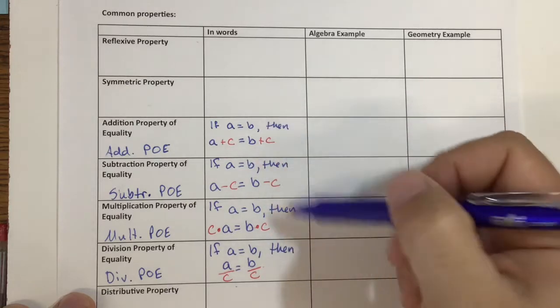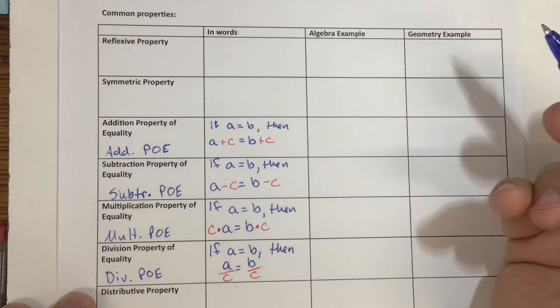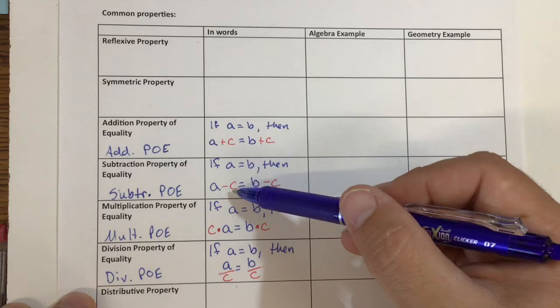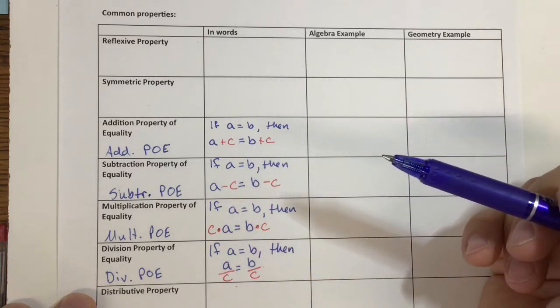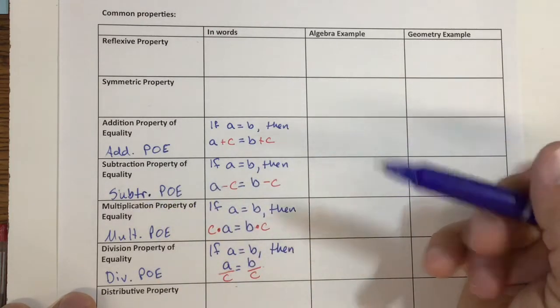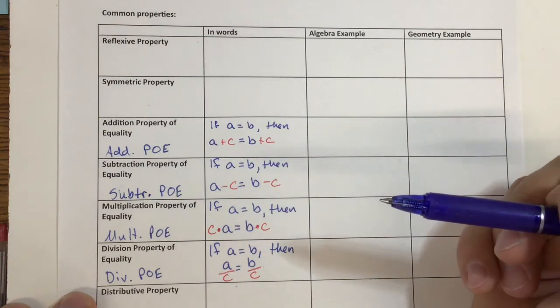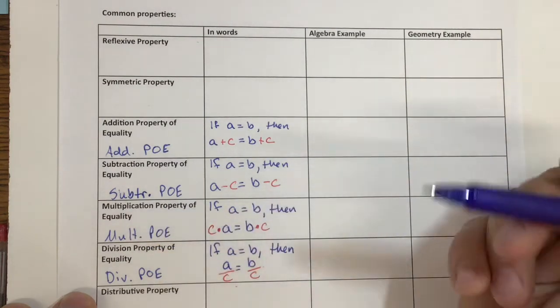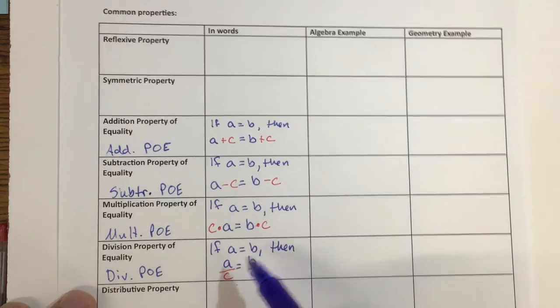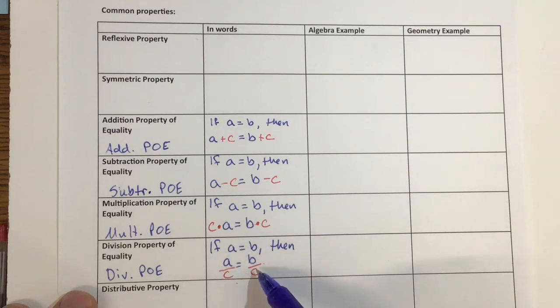All are just ways we can solve equations and justify the steps to solve an equation. A lot of times we have to subtract the same thing from both sides of an equation. We're using the subtraction property of equality. We're going to need to multiply both sides of an equation by the same thing. Multiplication property of equality. And division property of equality, when we divide by something on both sides to cancel something out.